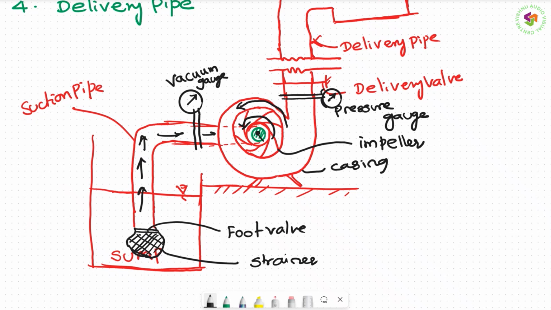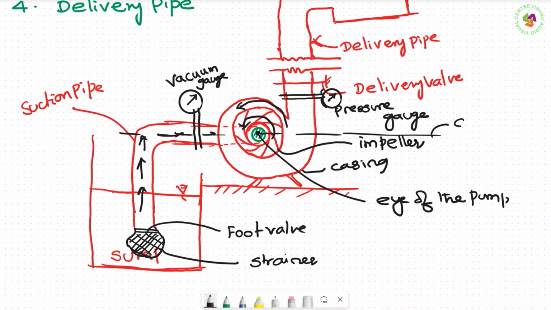This is called the eye of the centrifugal pump, the central part. If I want to write the center line of the centrifugal pump, this is what we call the center line, right? So these are the various things to my knowledge.